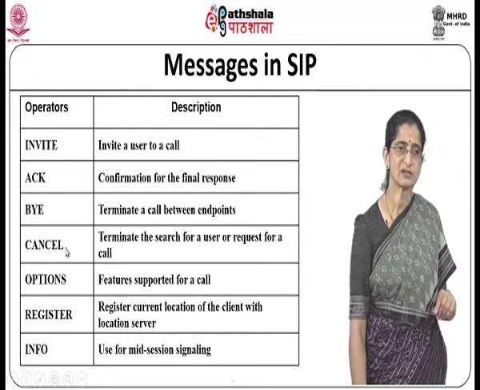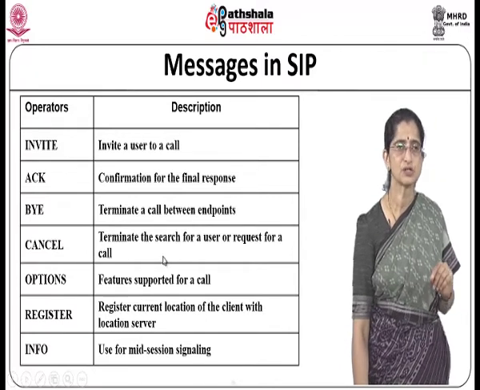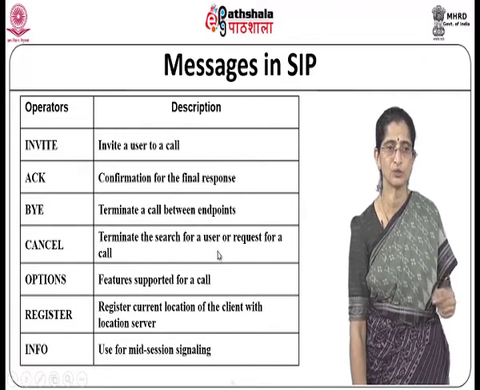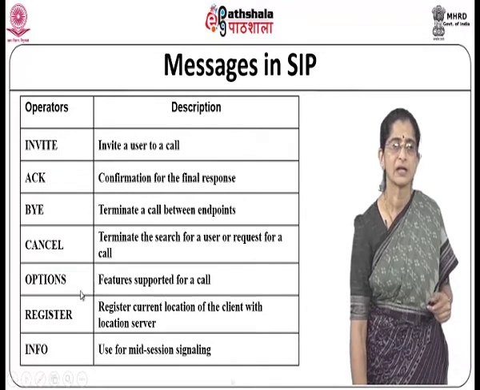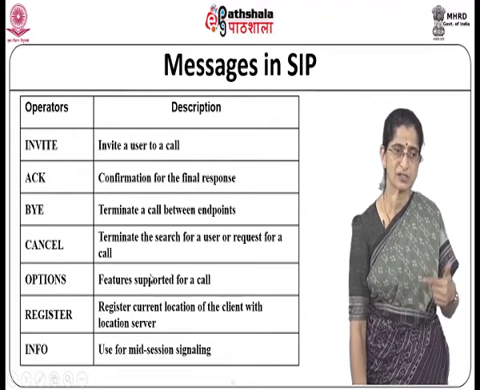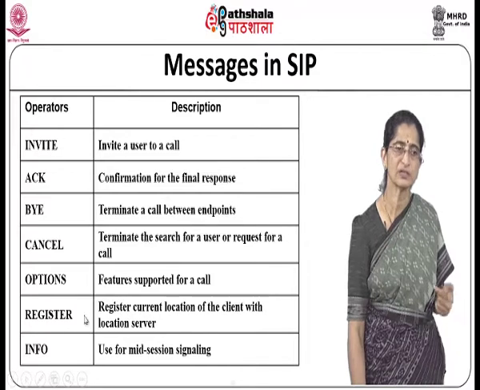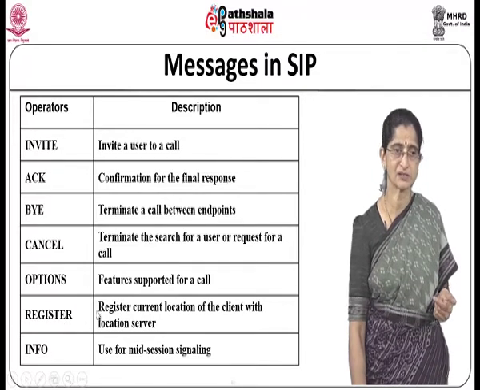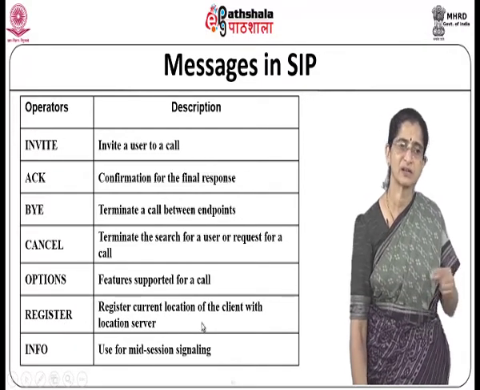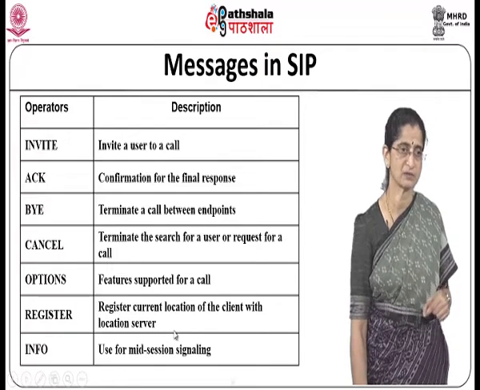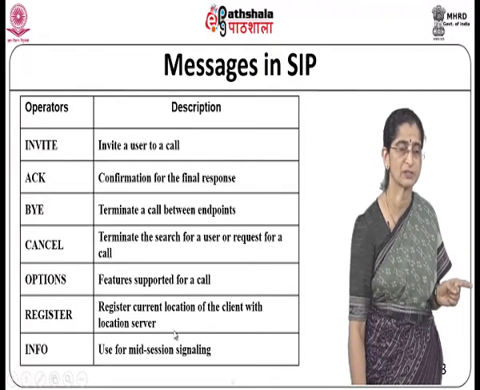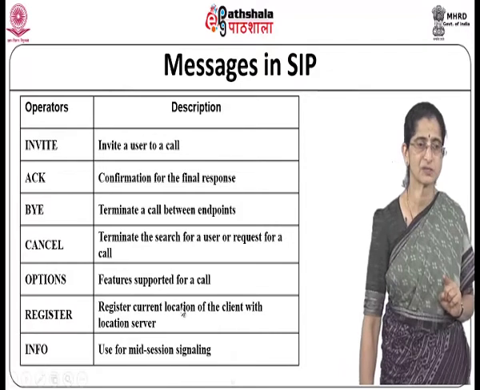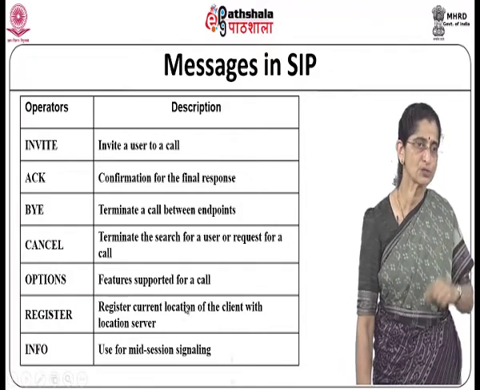Then you have additional messages like CANCEL, which is used to terminate the search for a user or a request for a call. And then you have OPTIONS, which could consist of other features that are supported for a call. There is a REGISTER message, which is used to register the current location of the client with the location server. Remember, we talked about a location server, which will keep track of the user's location.